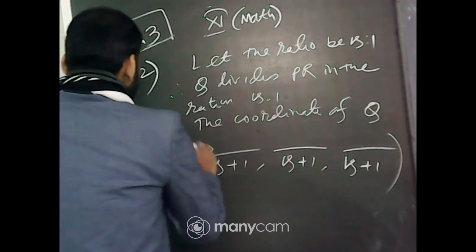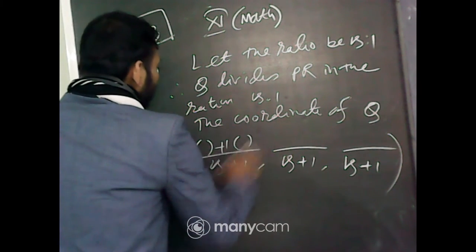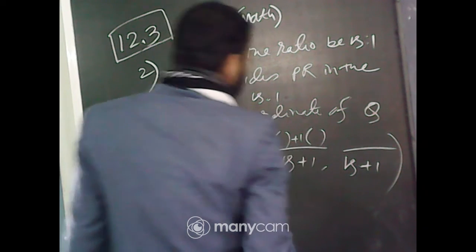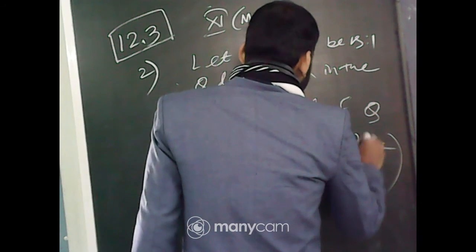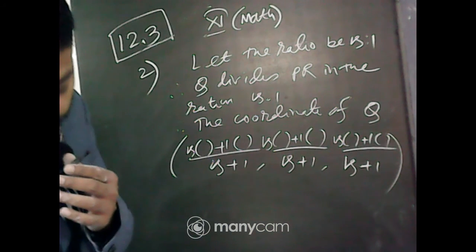And the numerators are K into and 1 into. Just first of all make this format.